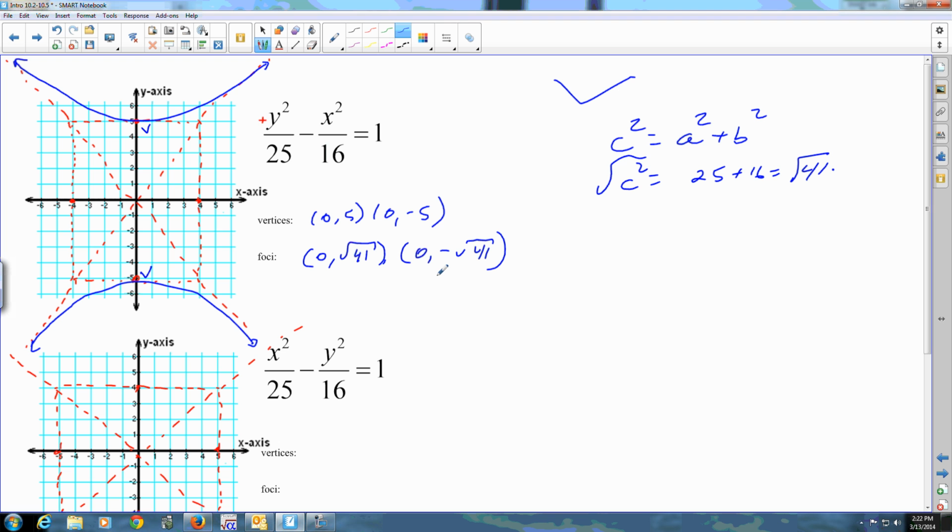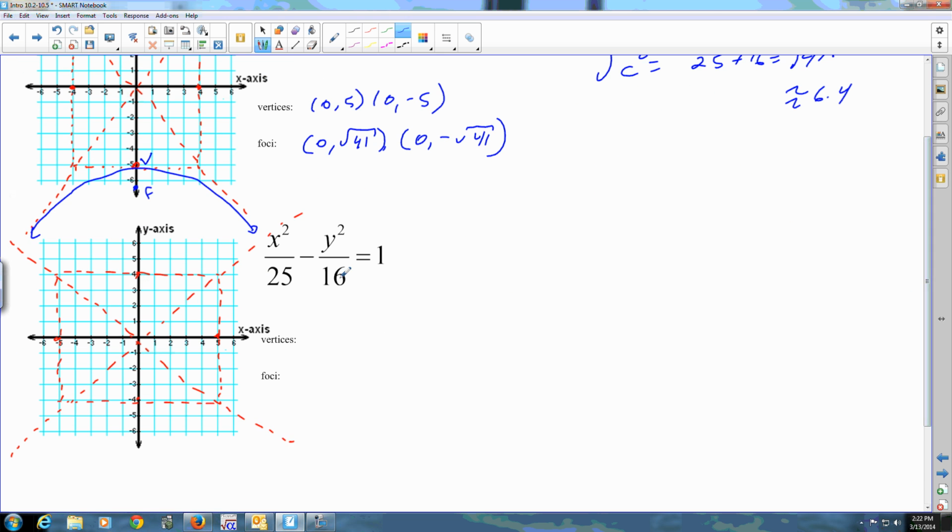But when you go to graph it, by all means use the decimal approximation for it. The square root of 41 is about 6.4. So 6.4 units up is going to be one focus, and 6.4 units down is the other one. So then they're the foci. Okay? So you've graphed the foci on the graph.